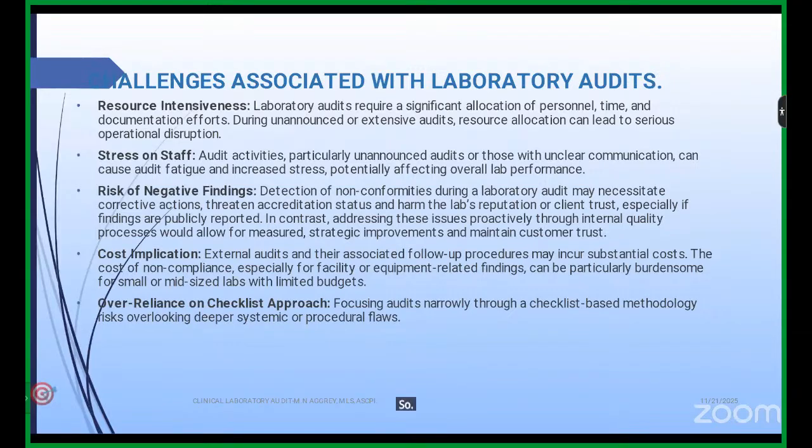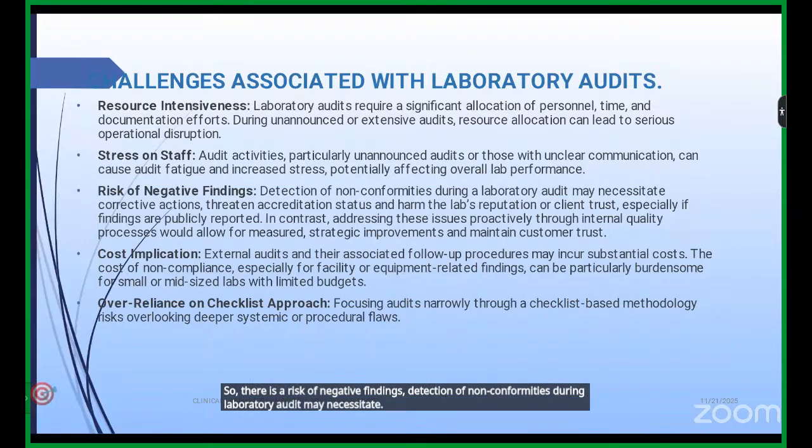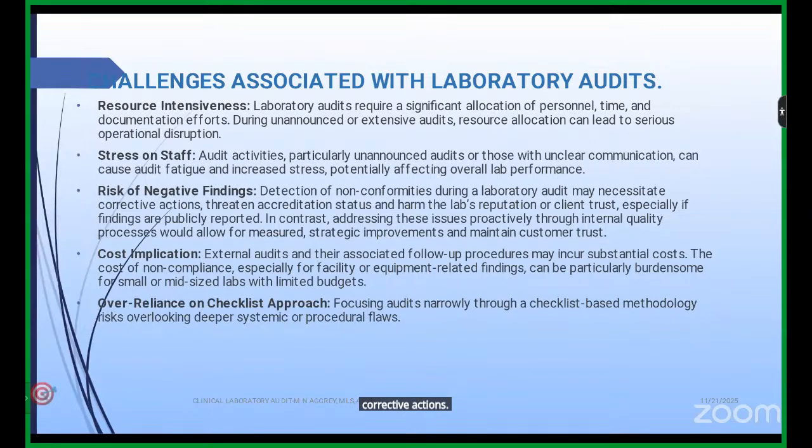So there is a risk of negative findings. Detection of non-conformities during laboratory audit may necessitate corrective actions, threatened accreditation status, and harm lab's reputation or client trust. Maybe a client came 2 weeks ago and your certificate hung proudly in your lab facility. Then later on, they don't find it. What happens? Or they hear from other sources that you failed in your accreditation.